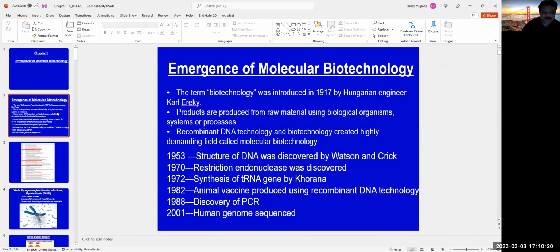The term biotechnology was introduced in 1970 by a Hungarian engineer, and it's hard to say how much molecular biotechnology will cover. Molecular biotechnology will include, of course, the functions of DNA.